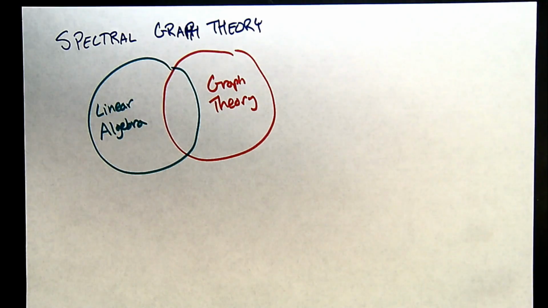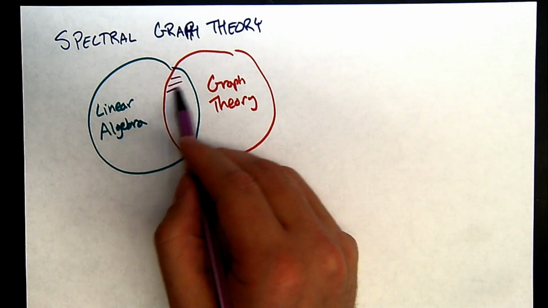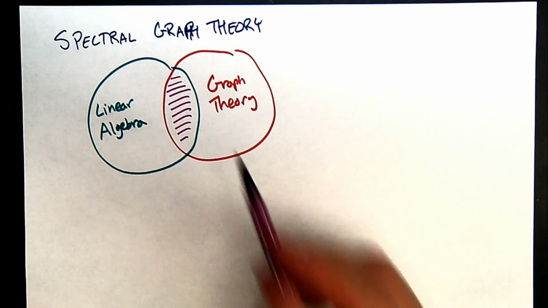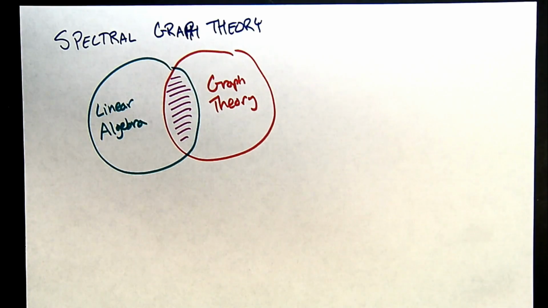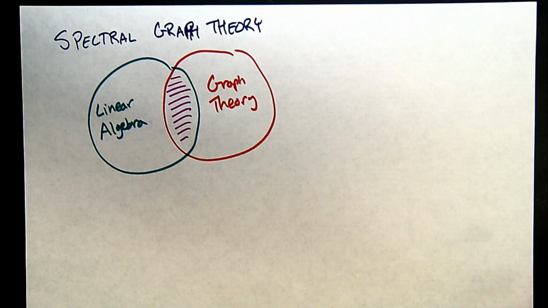What we're interested in in spectral graph theory is this sort of middle region. This is what we're after. We're going to spend our semester looking at these things. So it's going to help to understand what we are looking for from linear algebra, what a graph is, what graph theory is, and then why it makes sense to say that there's even any overlap between these two things.